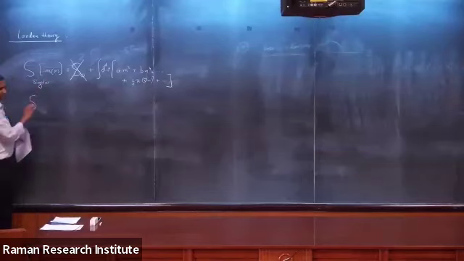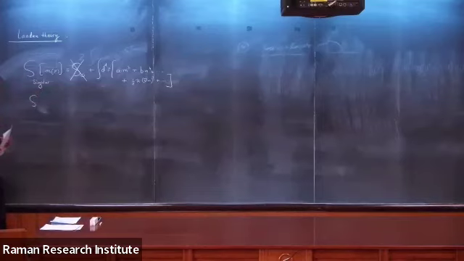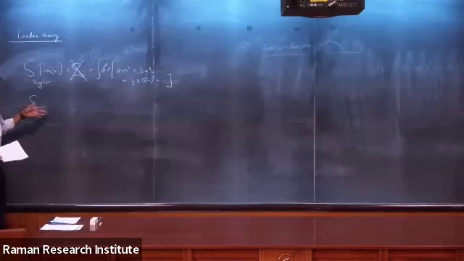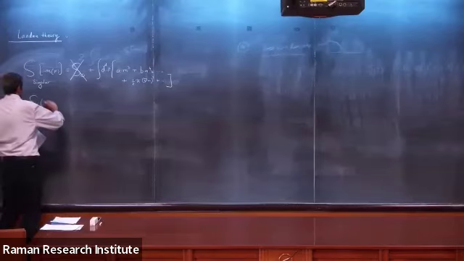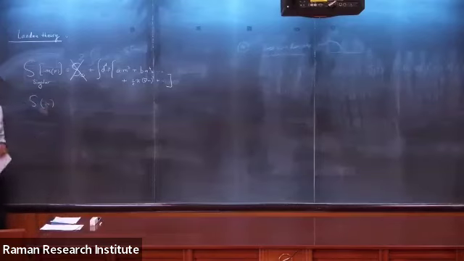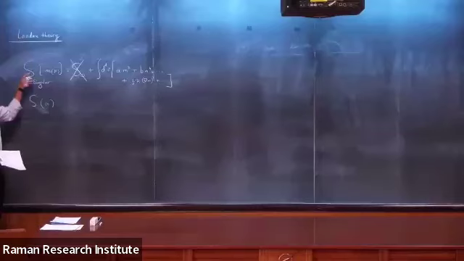This S, instead of being a functional of M, if M is independent of position, it's just a function of the magnetization. Right? So this really becomes S, which is a function of the magnetization. You give me one number as input, I'll give you one number as output. Here, you gave me an entire function as input, and I give you one number as output.